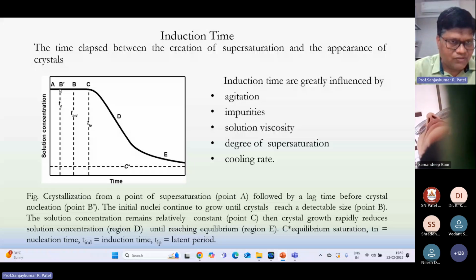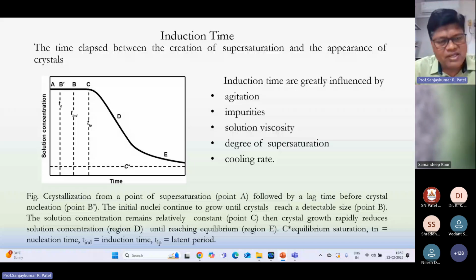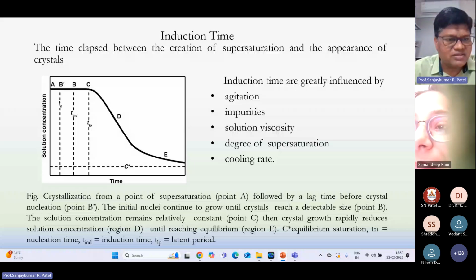So the time required to achieve this condition of the B is known as induction time. Correct. So the supersaturation, if I can relate this to the induction time, then we know that solubility of a solute is nothing but a saturated concentration, correct? So we will have a saturated concentration, which is denoted here with this C star.